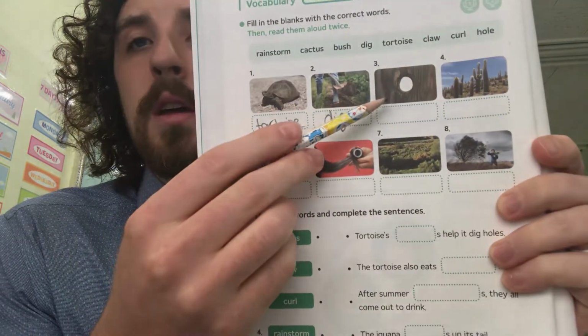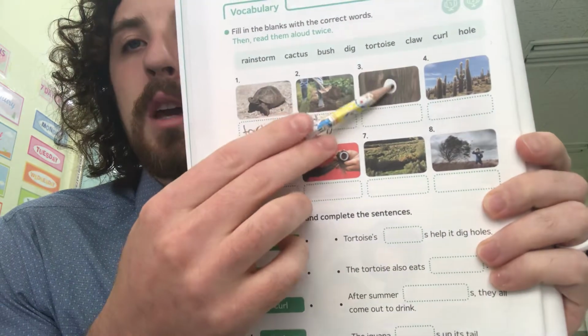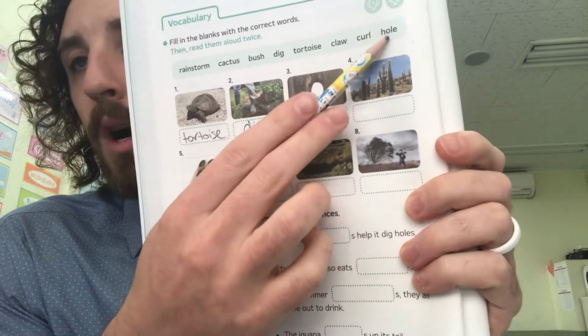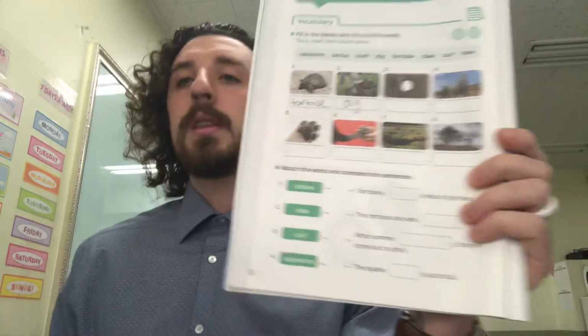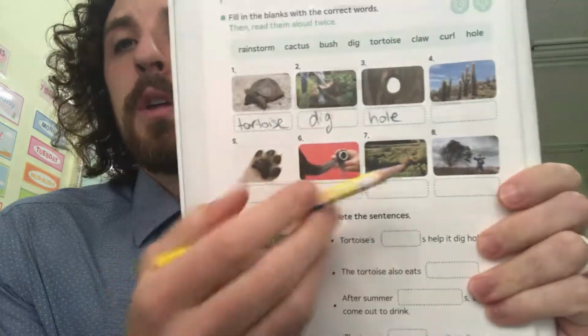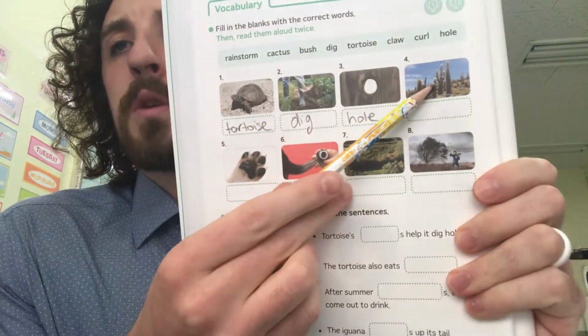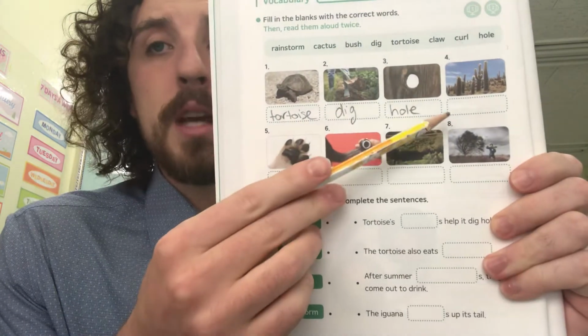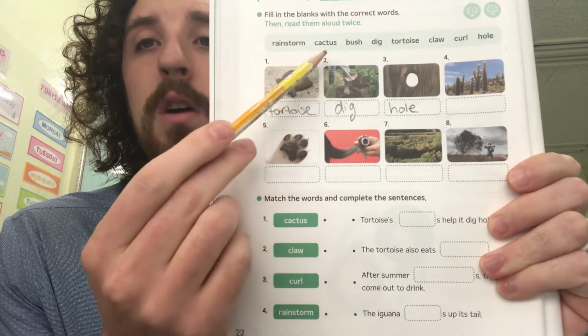Number 3, that looks like a hole, right? A hole. So let's put hole right there. Number 4, well, those green prickly plants that we find in the desert, what are they called? They are called a cactus.